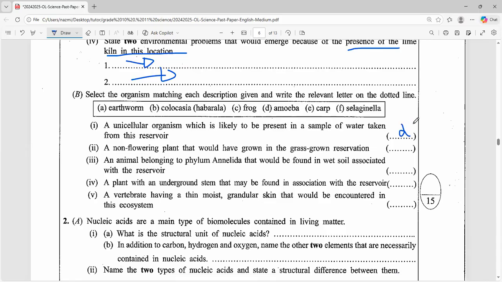D. A non-flowering plant. F1. F. Selaginella is non-flowering. Non-flowering seedless plants, no? Animal belonging to phylum Annelida that would be found in wet soil associated with the reservoir. Belonging to phylum Annelida is A. Yeah. Okay.